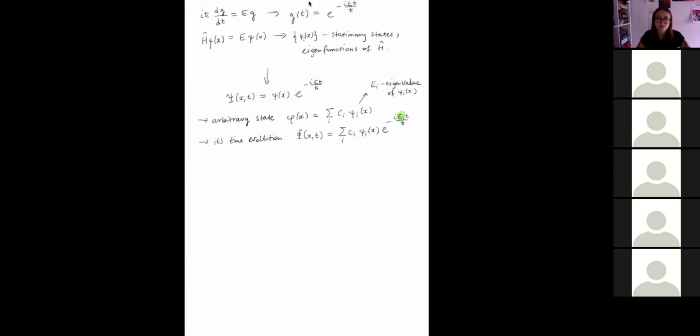Okay, and the first exercise mostly deals with this. Also, since you are able to write the time evolution for an arbitrary state in terms of its decomposition into the eigenfunctions of the Hamiltonian, you can also, for example, write what the energy expectation for the state phi is at an arbitrary time t, and how it can be expressed in terms of the energy eigenvalues.